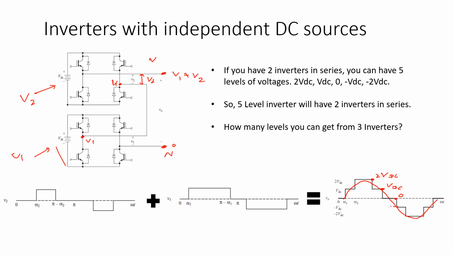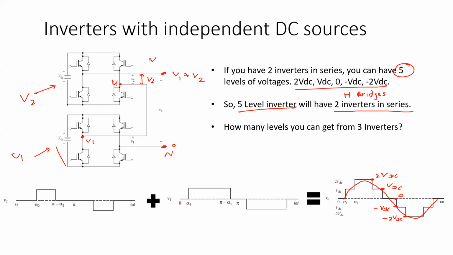If one is producing minus VDC, this will be minus VDC, and if both are producing minus VDC, this is minus 2 VDC. So if you have two inverters, you can have 5 levels of voltages: 2 VDC, VDC, 0, minus VDC, minus 2 VDC. So another way of saying that is a 5 level inverter will have 2 inverters in series or 2 H bridges in series.